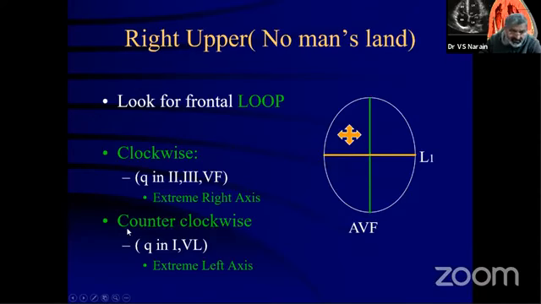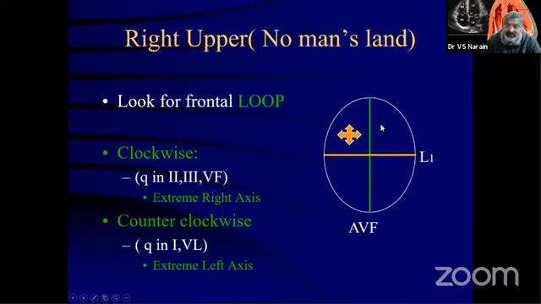On the other hand, if it is a counterclockwise frontal loop, you have a Q in 1, aVL, it is an extreme left axis. That means you have gone into this quadrant from the left side. So if you have an axis in this quadrant and you're not sure whether it is extreme right or extreme left, go by the loop, whether it is counterclockwise or clockwise. If it is clockwise, it's extreme right.